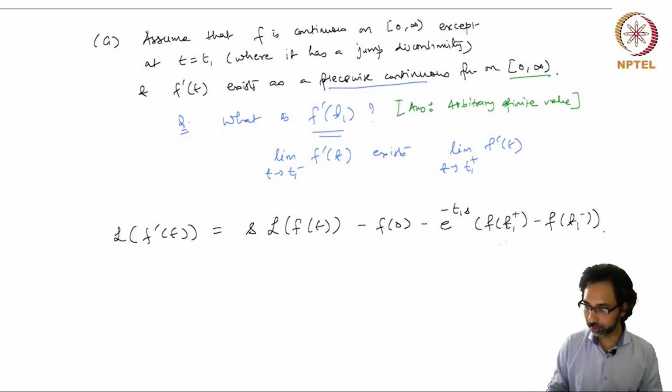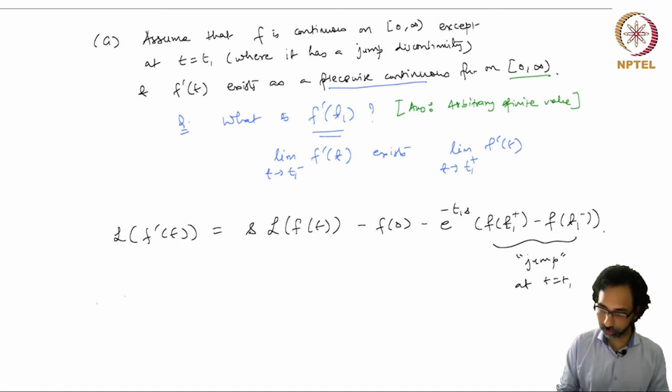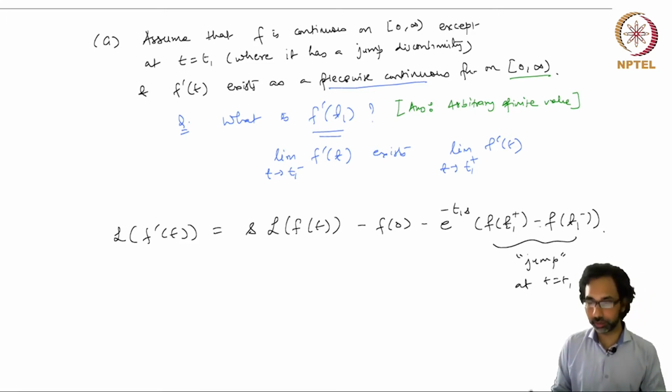So note that this is the jump at t equal to t1 for the function f. So this is for only one point of discontinuity, t equal to t1.